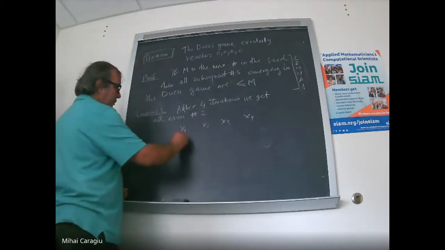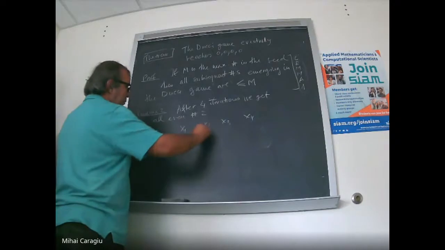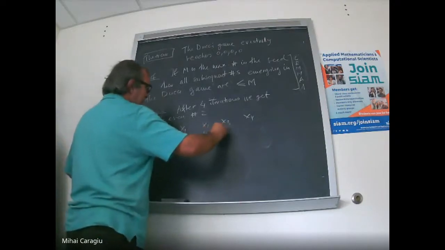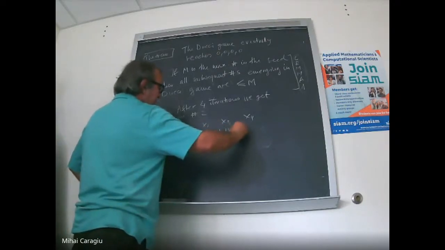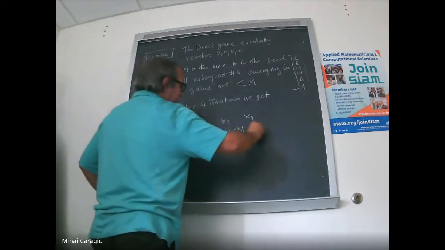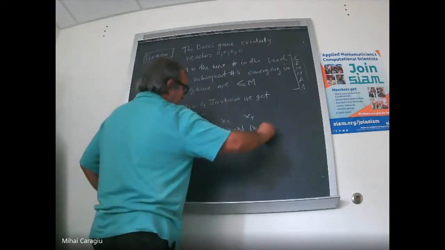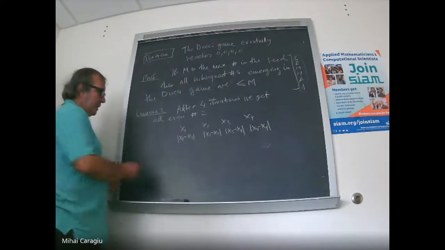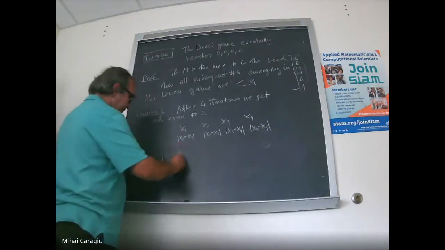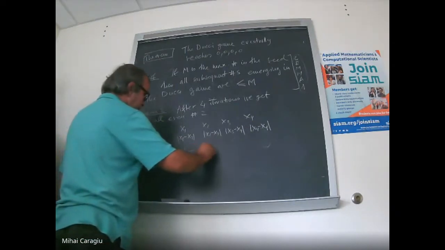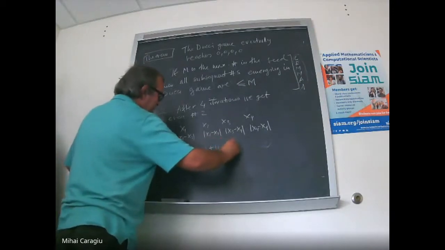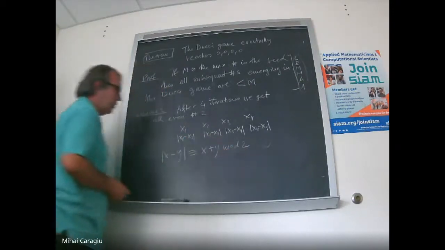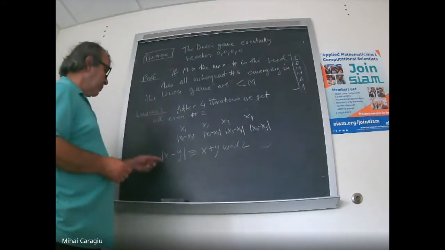produces the following: modulus of x1 minus x2, modulus of x2 minus x3, modulus of x3 minus x4, and modulus of x4 minus x1. The key point here is for any two integers x and y, modulus of x minus y is congruent to x plus y modulo 2. So, for example, we have modulus of odd minus odd, right?